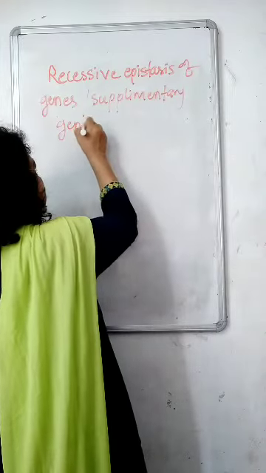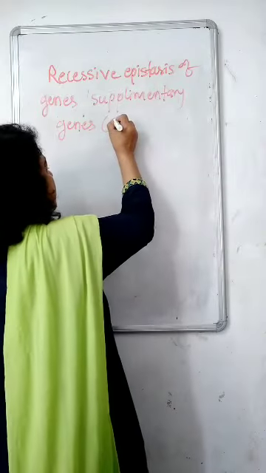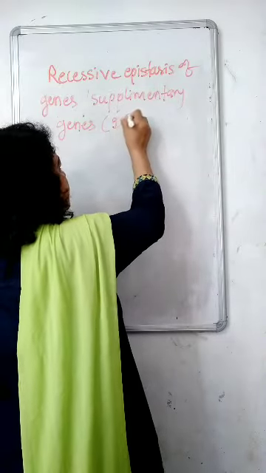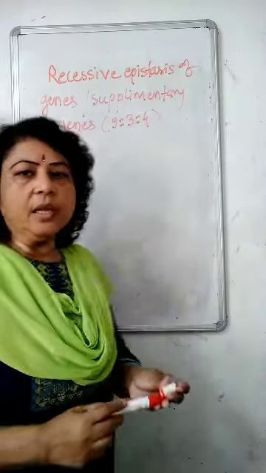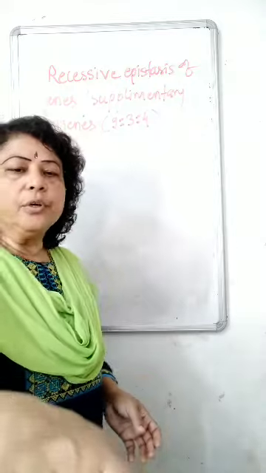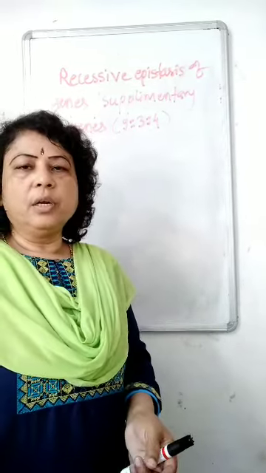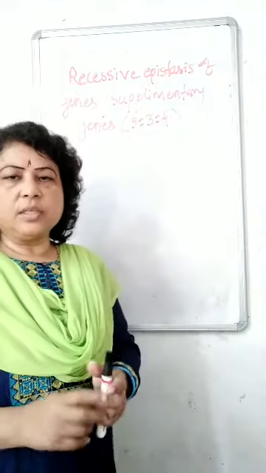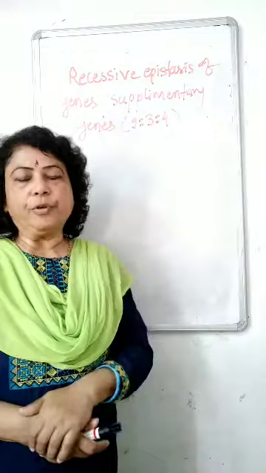Supplementary genes show the ratio 9:3:4. So Mendel's ratio 9:3:3:1 is completely modified into 9:3:4.